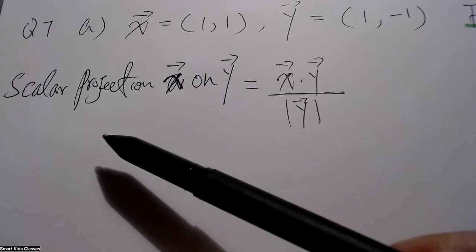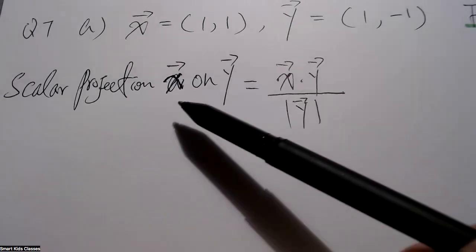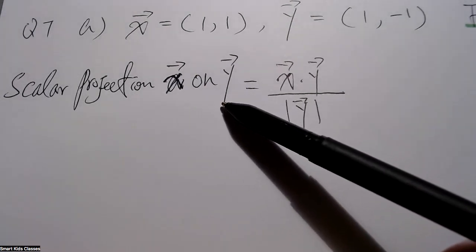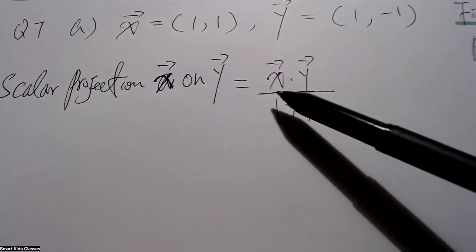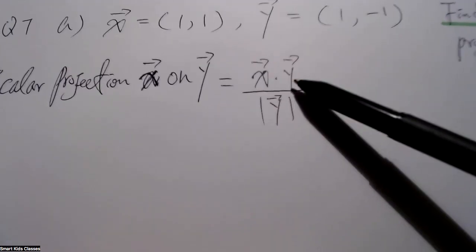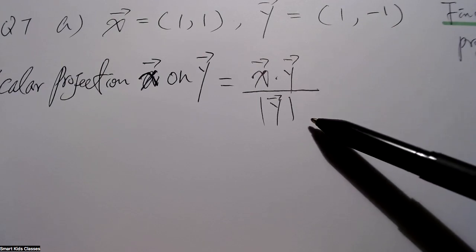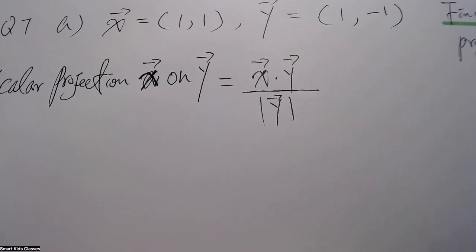Let's apply the formulas. The scalar projection of vector x on vector y is equal to vector x dot vector y divided by the magnitude of vector y.